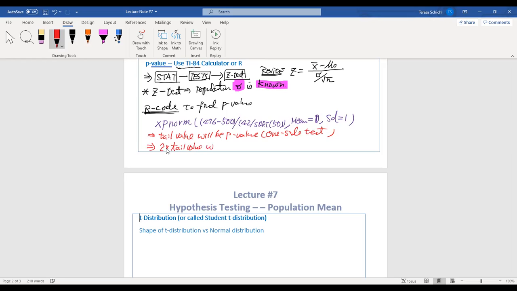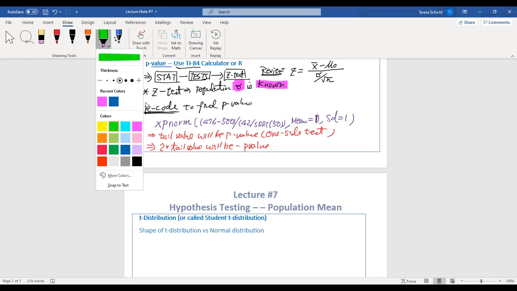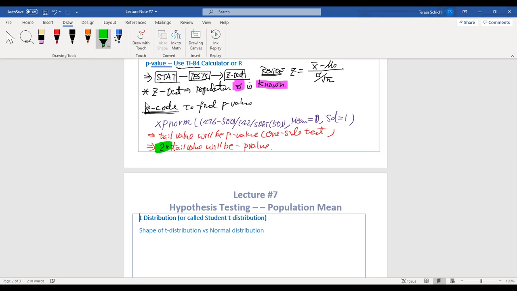So we need to be very, very careful about one side or two sides.